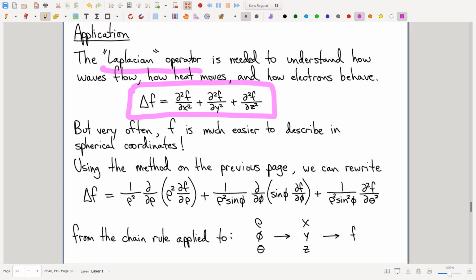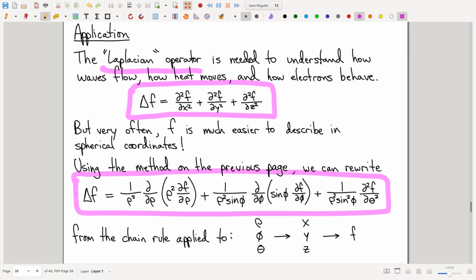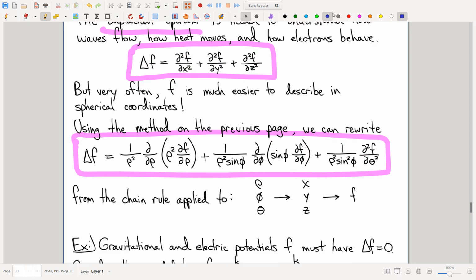And notice I've got it written in terms of rectangular coordinates because x, y, and z. All right, what if I wanted to do this in terms of spherical coordinates? And I'm going to claim, without the algebra, that this is what it's equal to in spherical coordinates. Notice down here, all of my partials are with respect to theta and phi and rho.